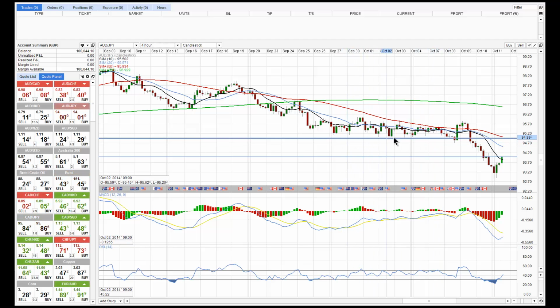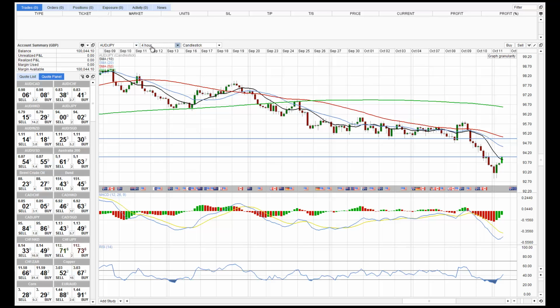This level has been previous support in the market, so again this could be resistance if price comes up to this area. So it's a nice area right in between, in the sell zone, as we class this area, looking for opportunities to trade this market to the short side. So looking for potentially trend-following opportunities around here.